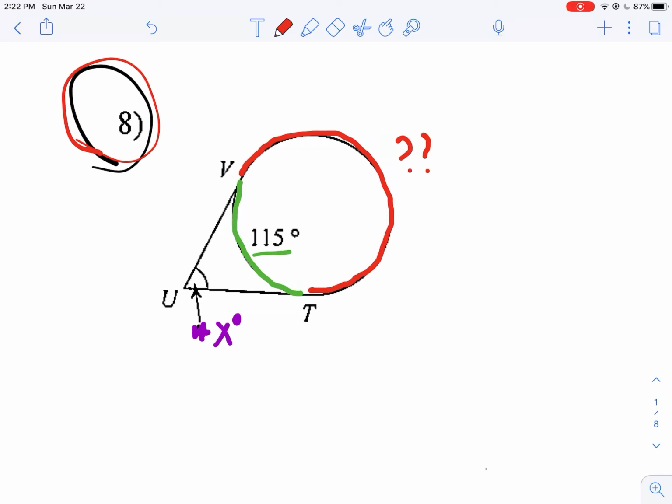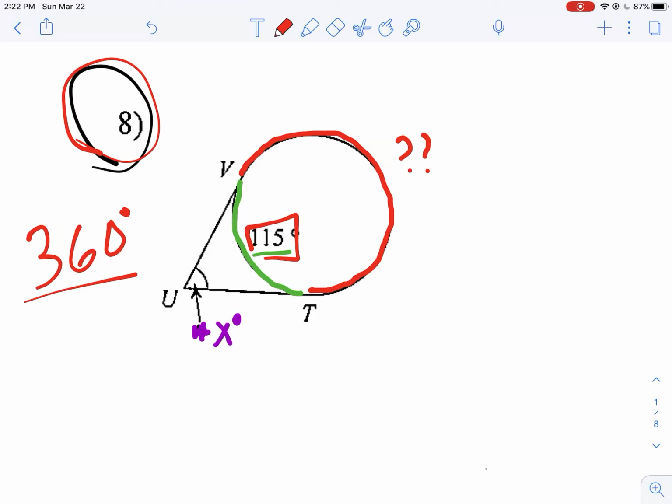I'm sure some of us might be thinking ahead. We've done problems similar to this. How could I find this red arc if I know that the green is 115, and of course I know the total? The entire circle is going to be 360 degrees.